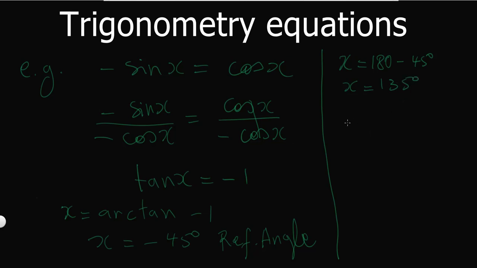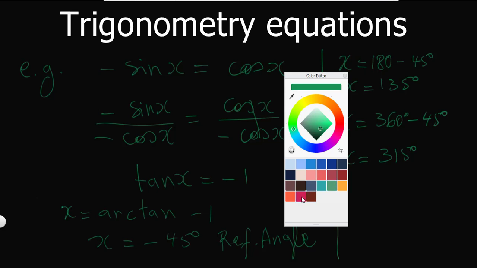So x will be 135. Now it's also negative in the fourth quadrant, where you will have 360 degrees minus 45, because theta is 45. So here we'll have 315. So the answer of this question will be this one and this.